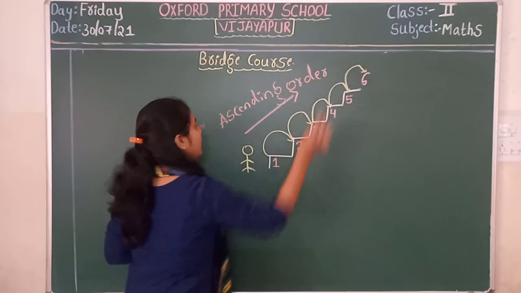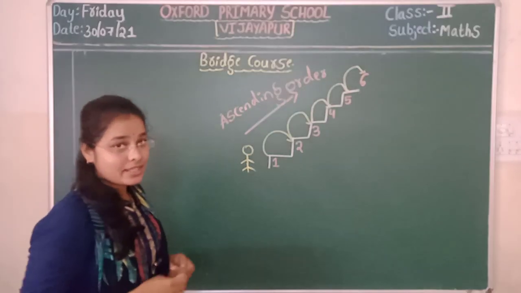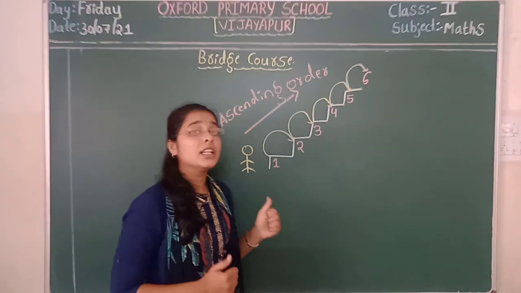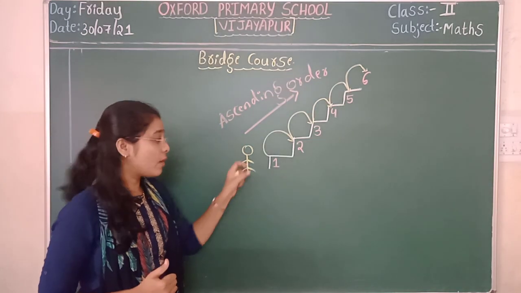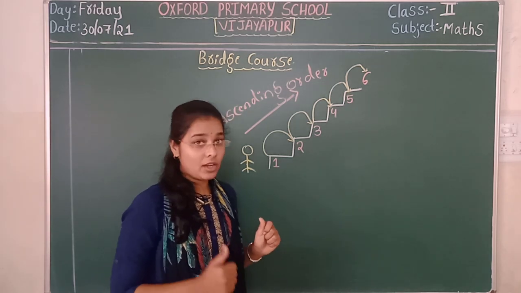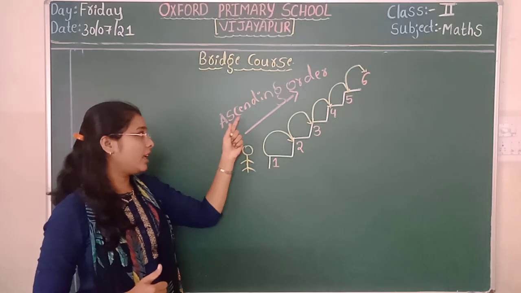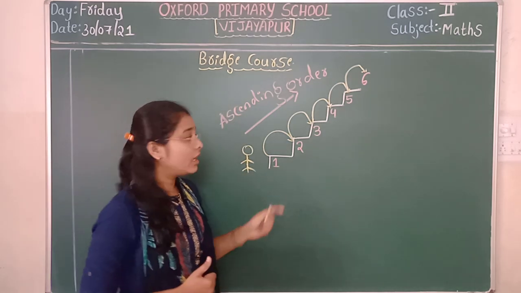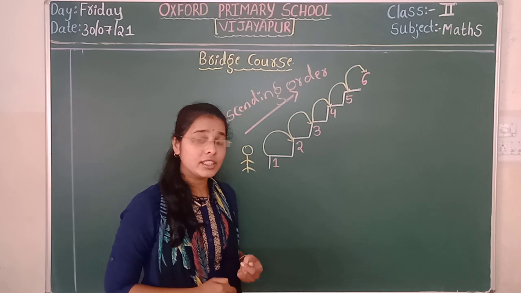Here the numbers are increasing from smallest to the biggest one. The arrangement of the numbers from smallest to biggest is nothing but the ascending order.